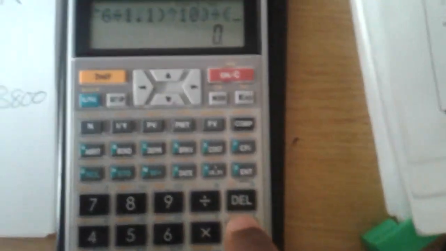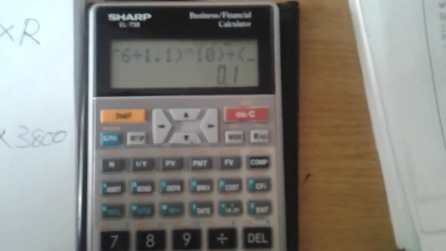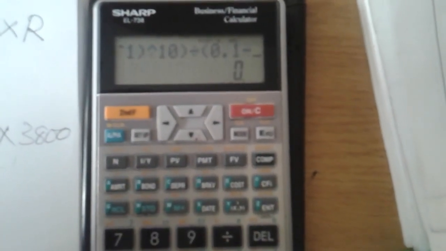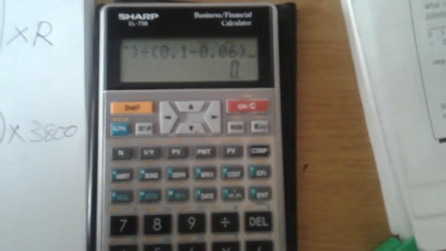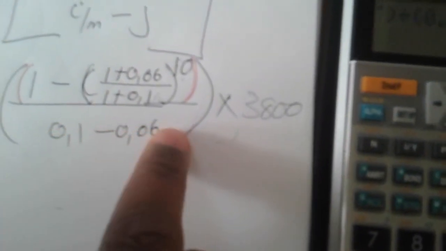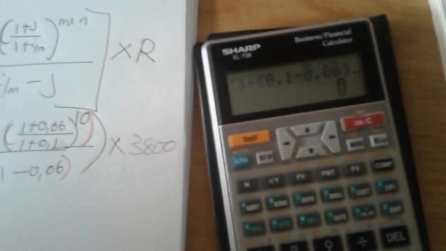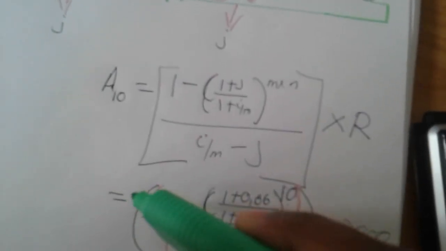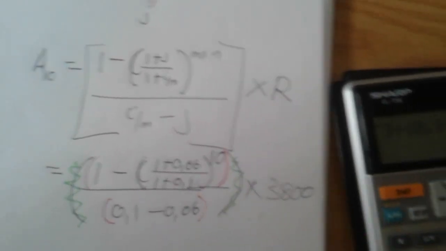Since there are two numbers, you must open another bracket and say 0.1 minus 0.06, and you close the bracket. So it means you've done this bottom part here. For now you can ignore the big bracket there.